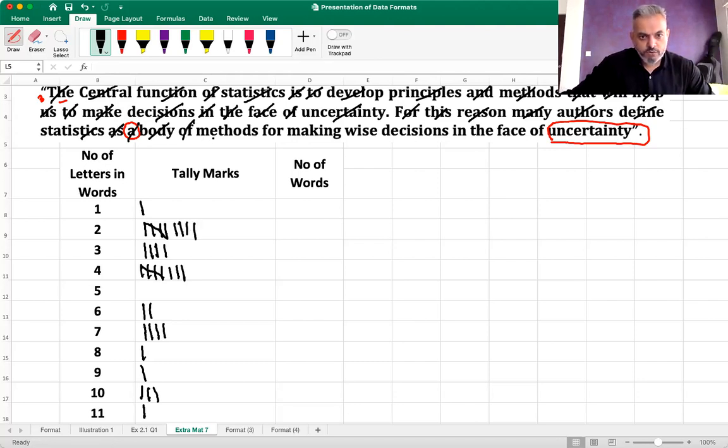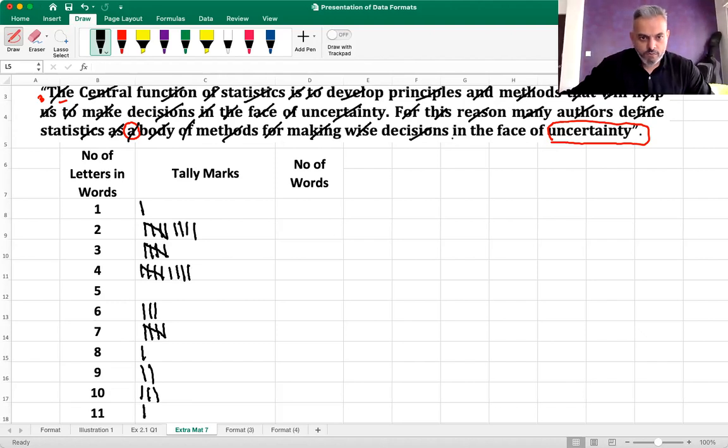Methods, 1, 2, 3, 4, 5, 6, 7. For, 3. Making, 1, 2, 3, 4, 5, 6. Wise, 4. Decision, 1, 2, 3, 4, 5, 6, 7, 8, 9.